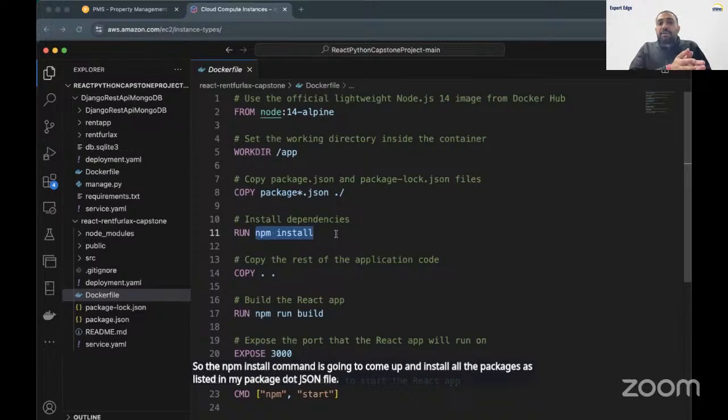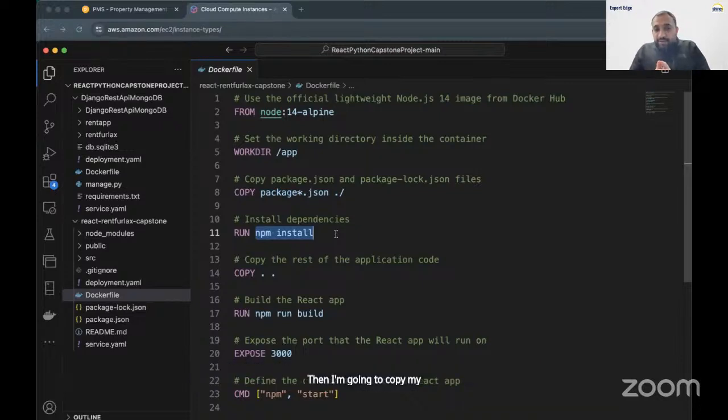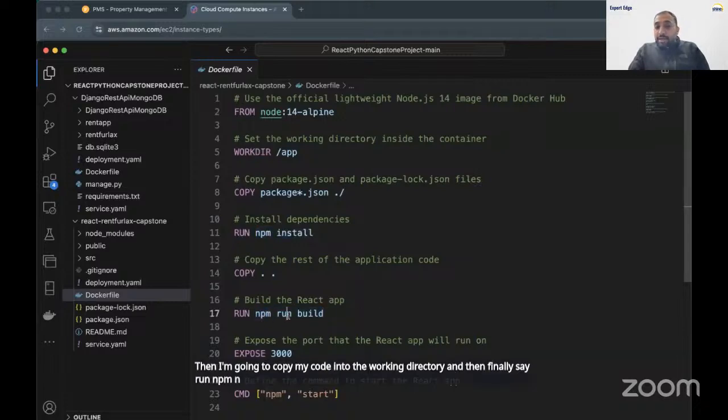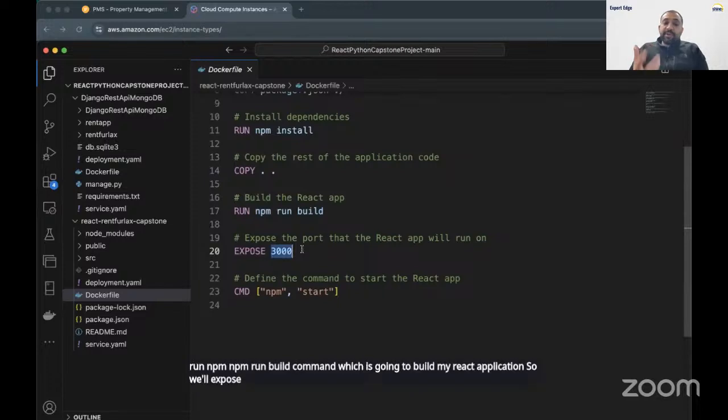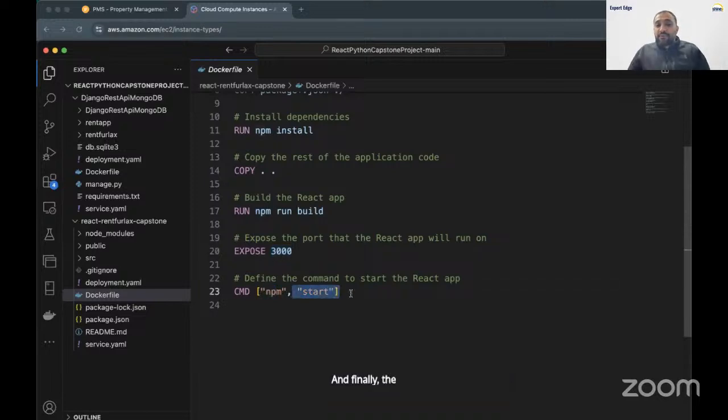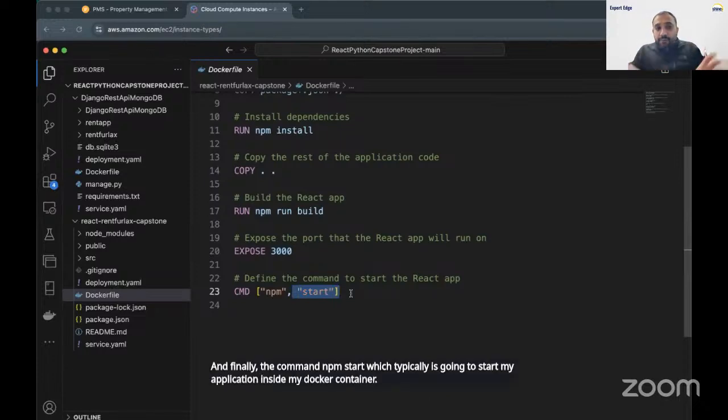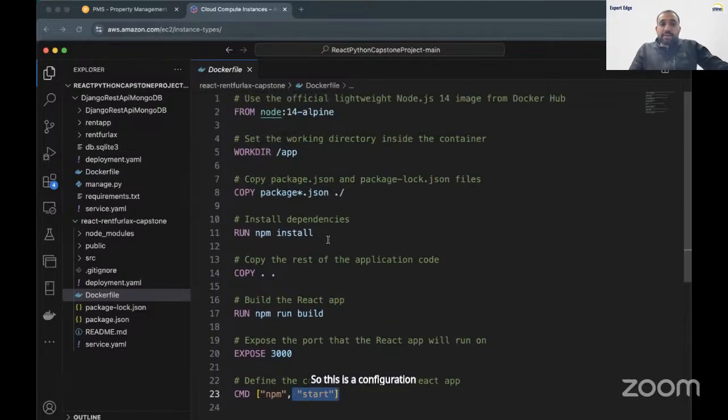Then I'm going to copy my code into the working directory, and then finally run the npm run build command, which is going to build my React application. Then we expose port 3000, which means that my solution is accessible at port 3000. And finally, the command npm start is going to start my application inside my Docker container. So this is the configuration of my React project when I have to containerize it.